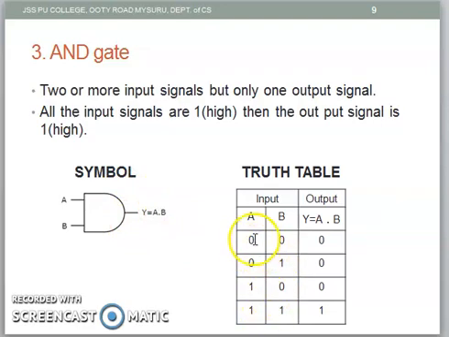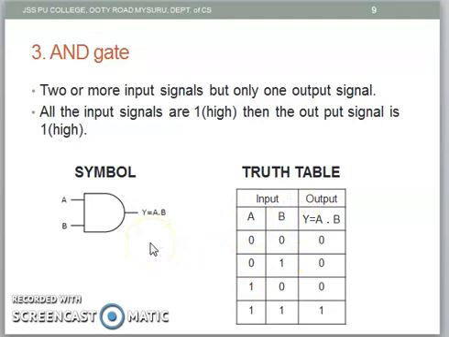In this case, both the signals are low, so the output signal is low. Only when both the input signals are high is the output high in the case of the AND gate. If one of the input signals is 0, the output signal is 0 in the case of the AND gate. In your examination, the question may be like this: draw the symbol of the AND gate or draw the truth table for the AND gate.